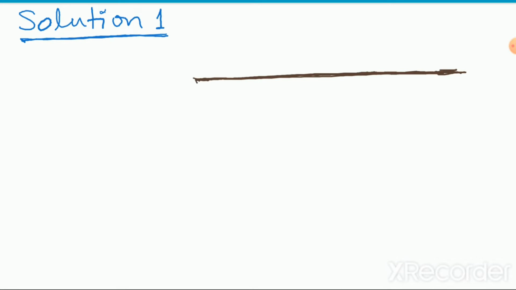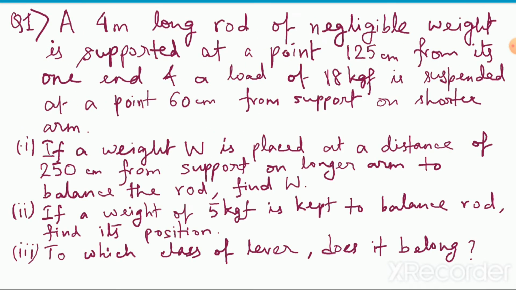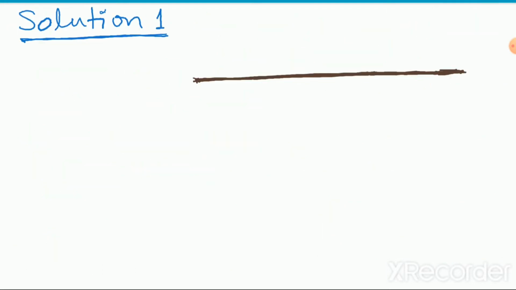Now let us see what the given information is. It is supported at a point 125 centimeter from its one end. So if I consider this as the 0 mark, 0 centimeter, this end should be 400 centimeter.